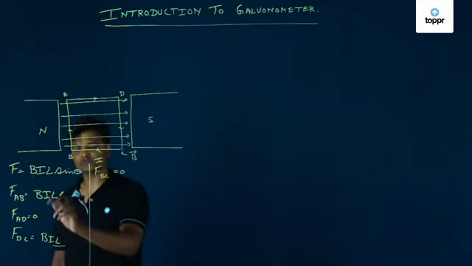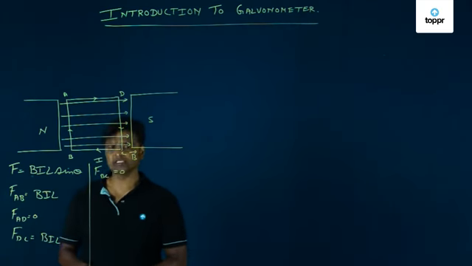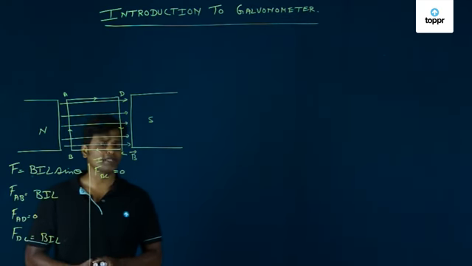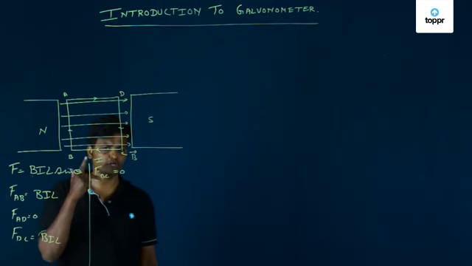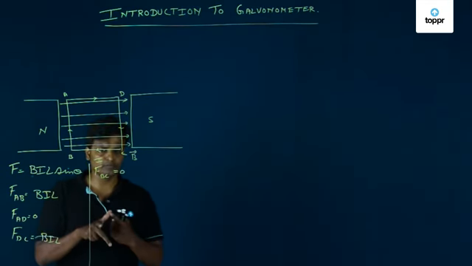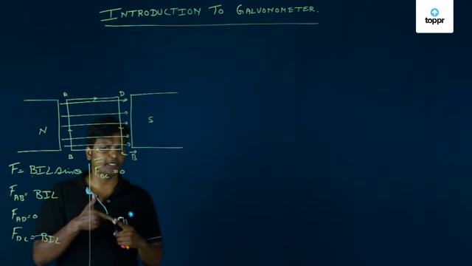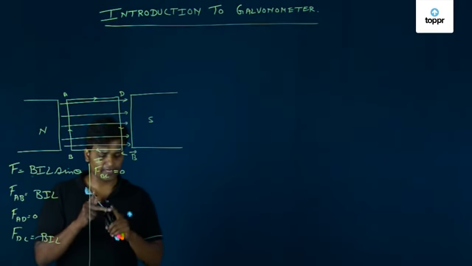Now what is the direction of this force FAB? The direction of this force can be given with the help of Fleming's left hand rule. Take your left hand and keep the three fingers perpendicular to each other. Thumb indicates force, pointer indicates magnetic field, and middle finger indicates current.